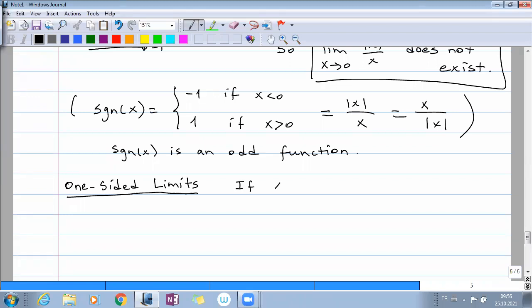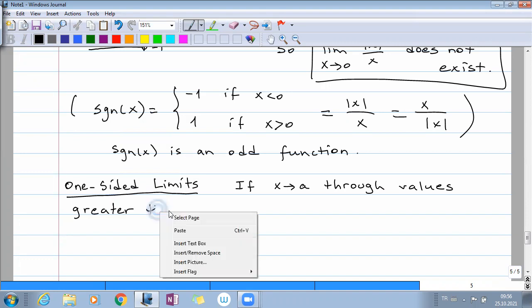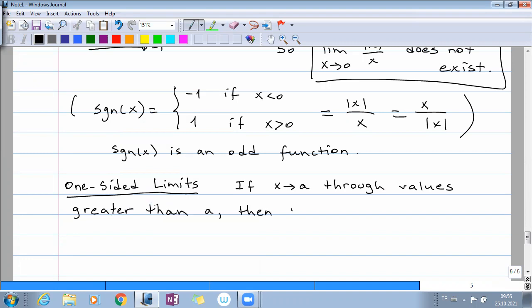If x approaches a through values greater than a, then we say the right limit.